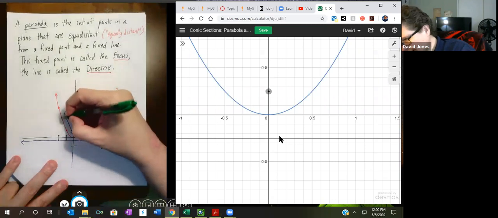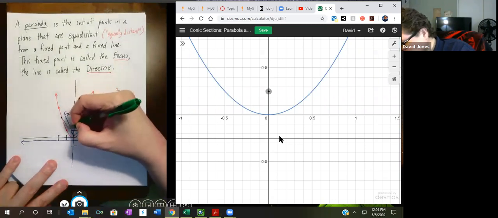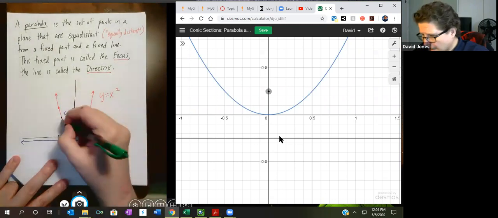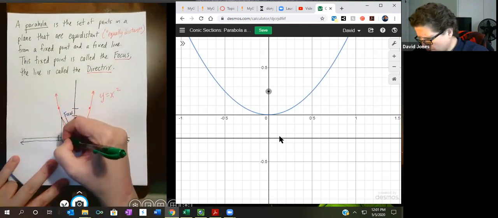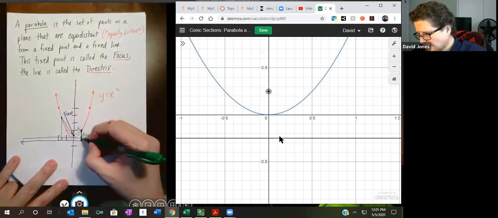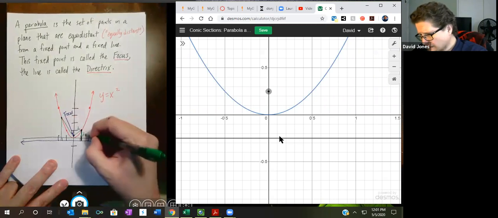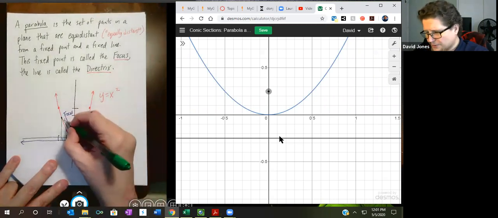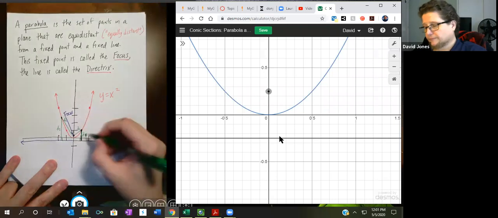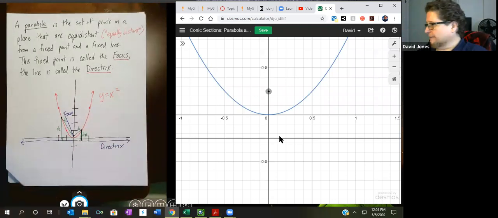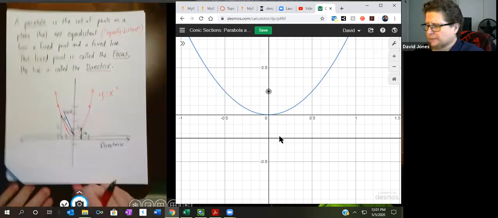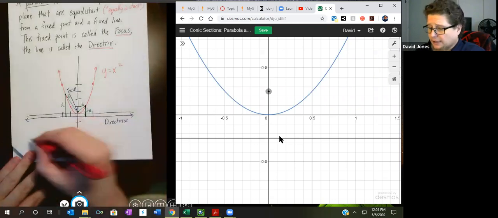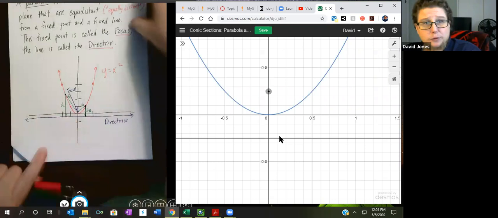If I go here to here, and I draw a line so it makes a perpendicular line down here, if this is D2, it's the same distance. This focus and directrix have a very specific position. Okay, so let's explore that.